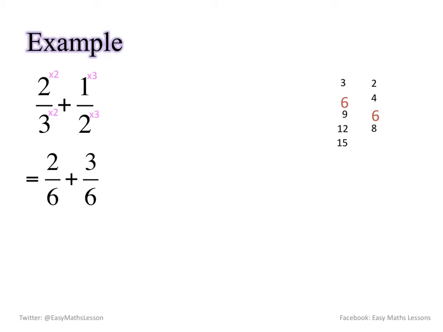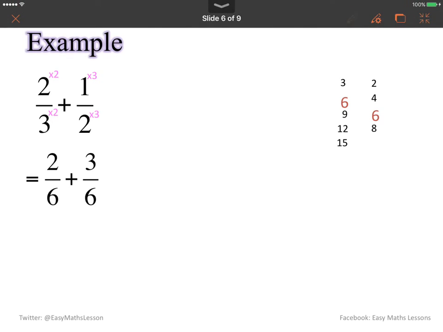Okay, so I now should have 4/6. Definitely not 2, that should be 4. Let me just fix that quickly. There you go. That should be 4/6, and I should also have then 3/6.